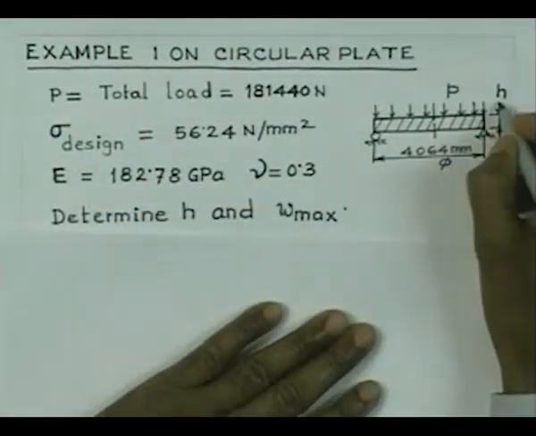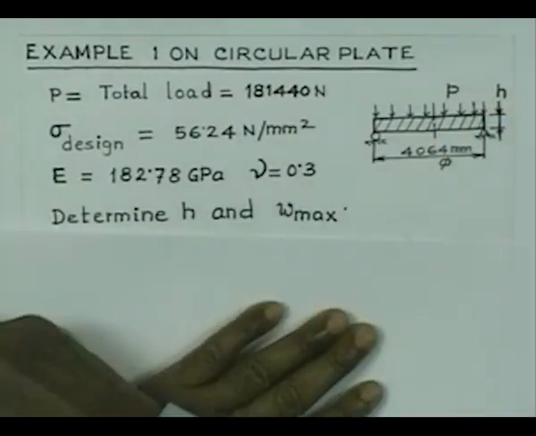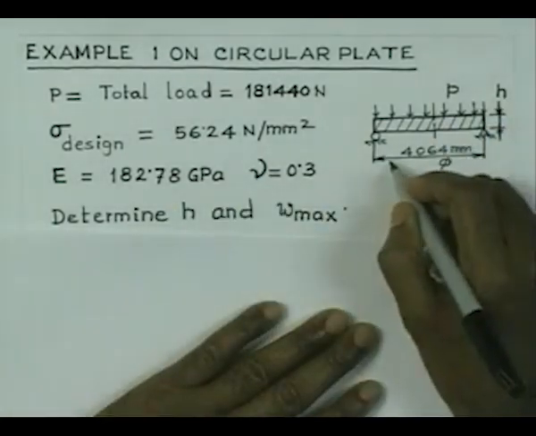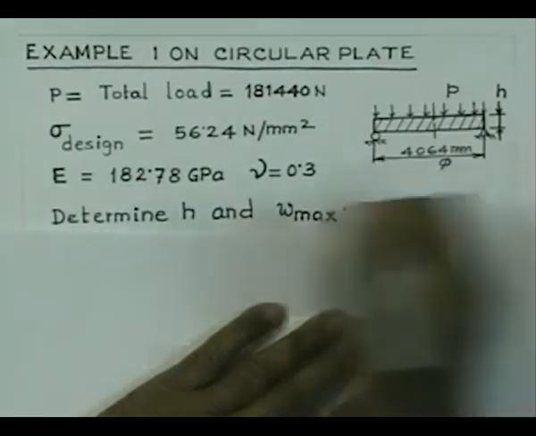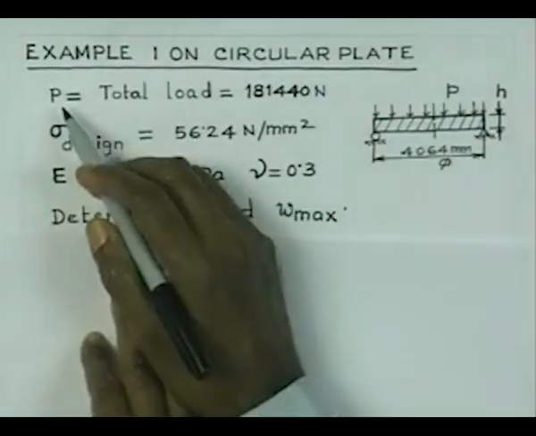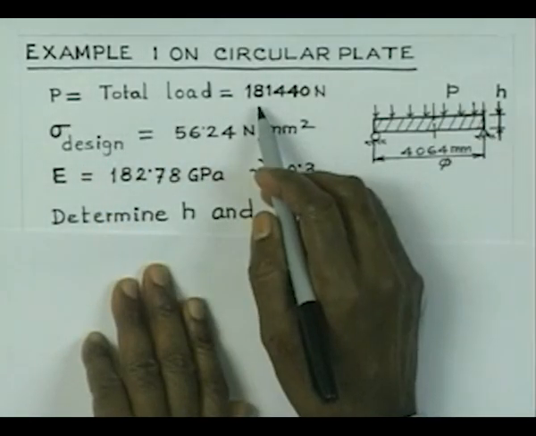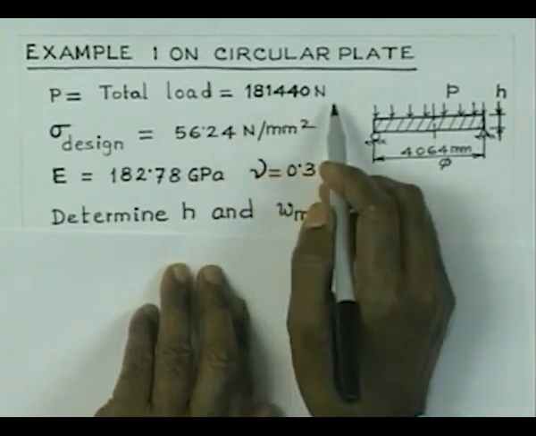It is a thick plate of uniform height h or thickness h. Its diameter is 4064 millimeter. The total load, which is uniformly distributed, is given by 1,81,440 Newton.